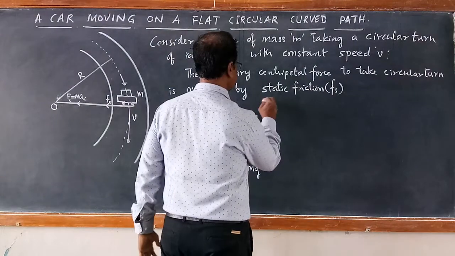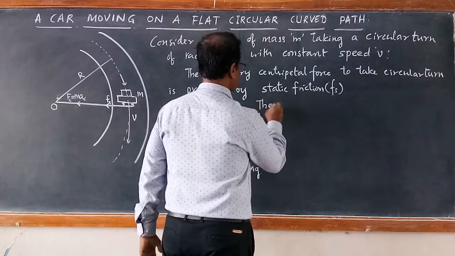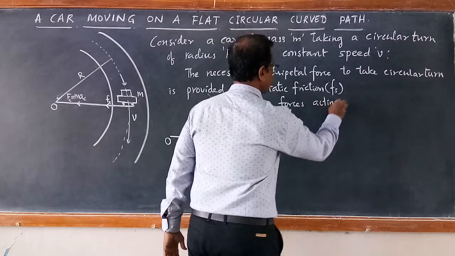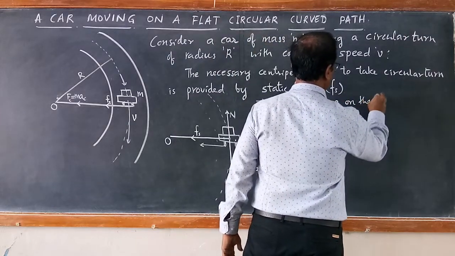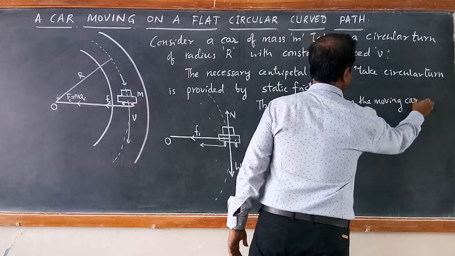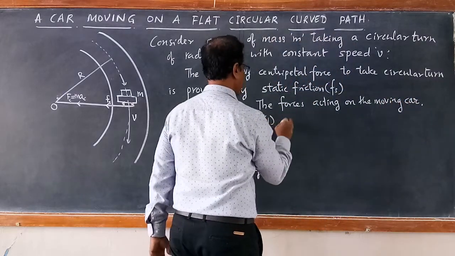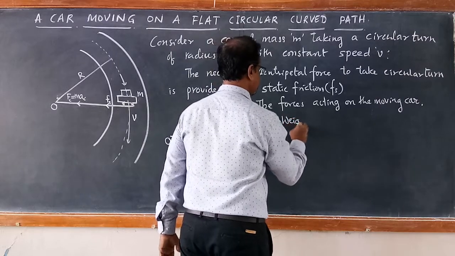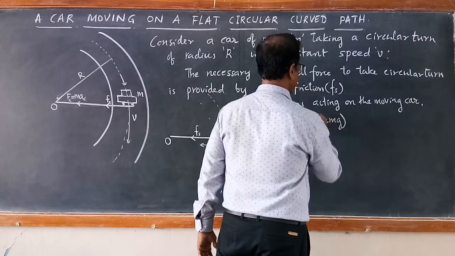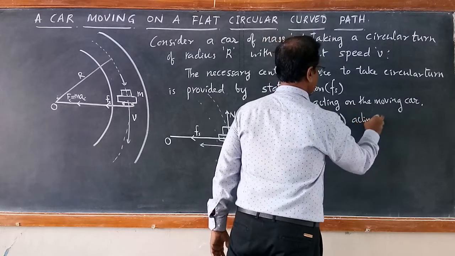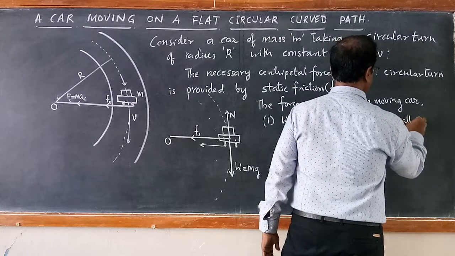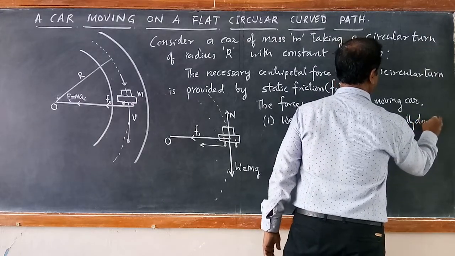Now you can write the forces acting on the moving car. One, weight W equal to mg acting vertically downwards.